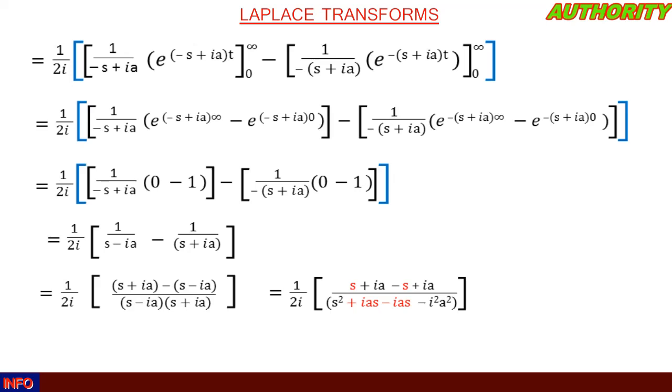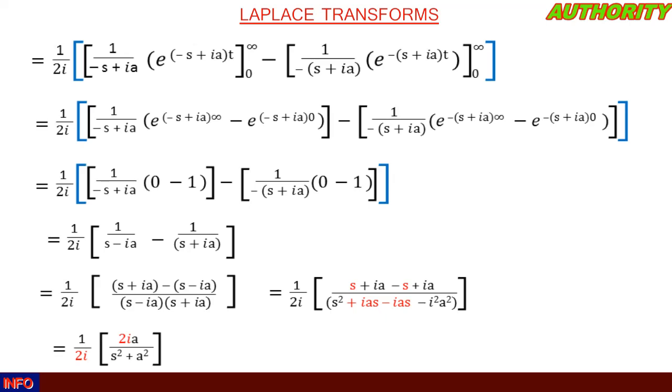In our numerator, s minus s will give you 0, and then we're left with ia plus ia, which will give us 2ia, all over, in the denominator, s squared plus a squared.